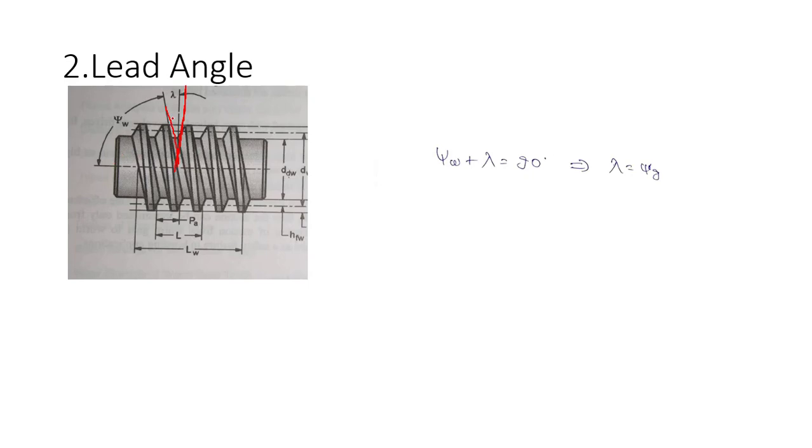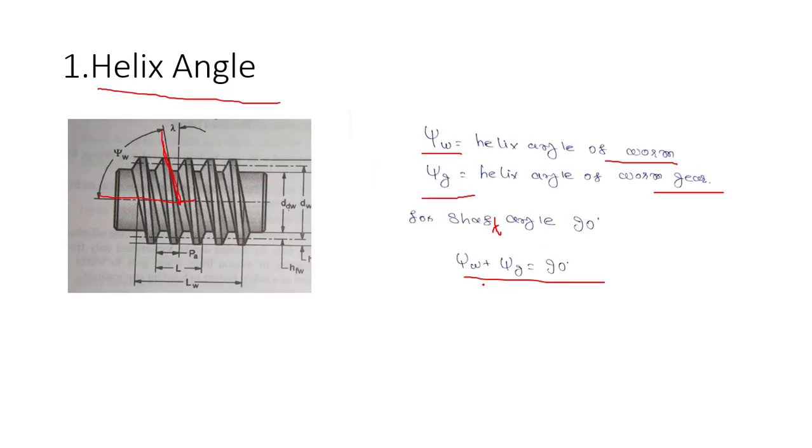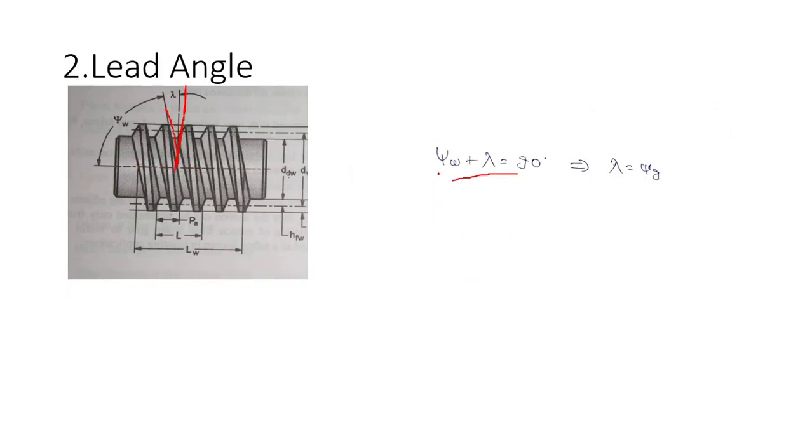Now from the figure we can say that psi w and lambda add up to 90 degrees. Our previous equation was psi w plus psi g equals 90 degrees, and now we can say psi w plus lambda is 90 degrees. From this we can say that lambda is equal to psi g.